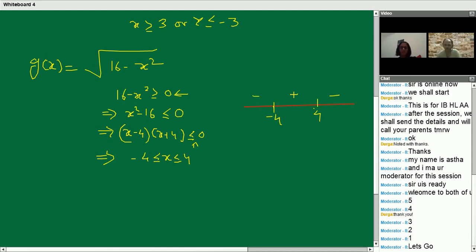But you can see we have got positive and negative signs. Now, where does equality lie? Equality means when the result is equal to 0, which is at negative 4 and 4. So that's why we have to consider those. Now can you write it in the form of intervals?